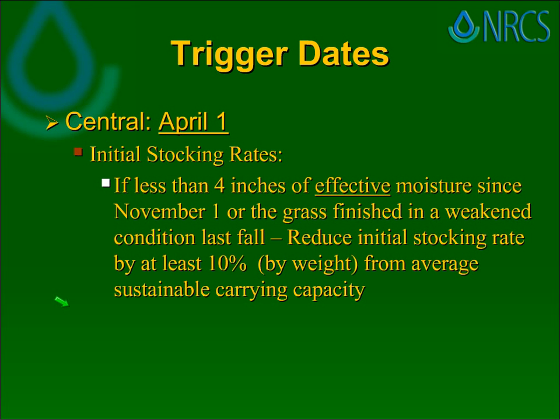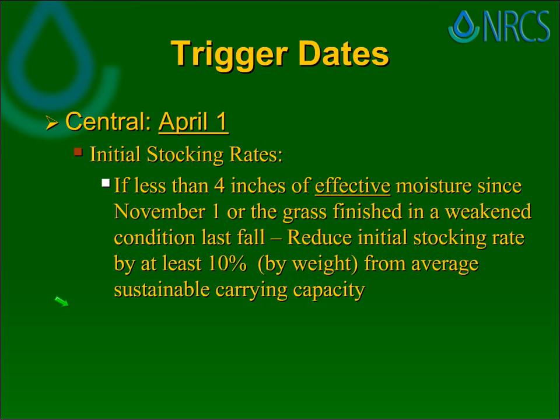So if we finish the season in fairly good shape, above average or average, but we've had a dry winter, as Brian indicated, we don't have a lot of moisture in the soil profile, and they've got long-term plans or forecasts for a drought, we may reduce that initial stocking rate by at least 10% by weight, not by number, but certainly by weight.